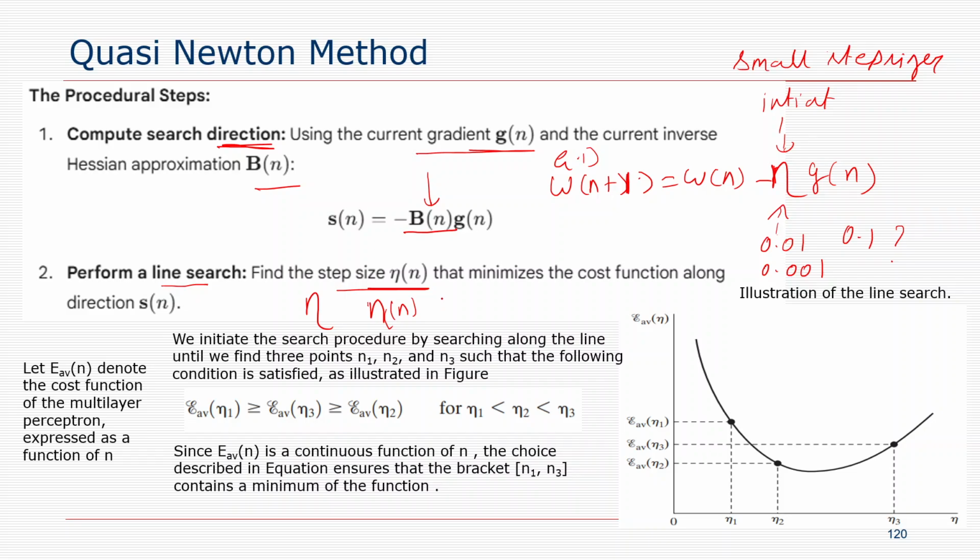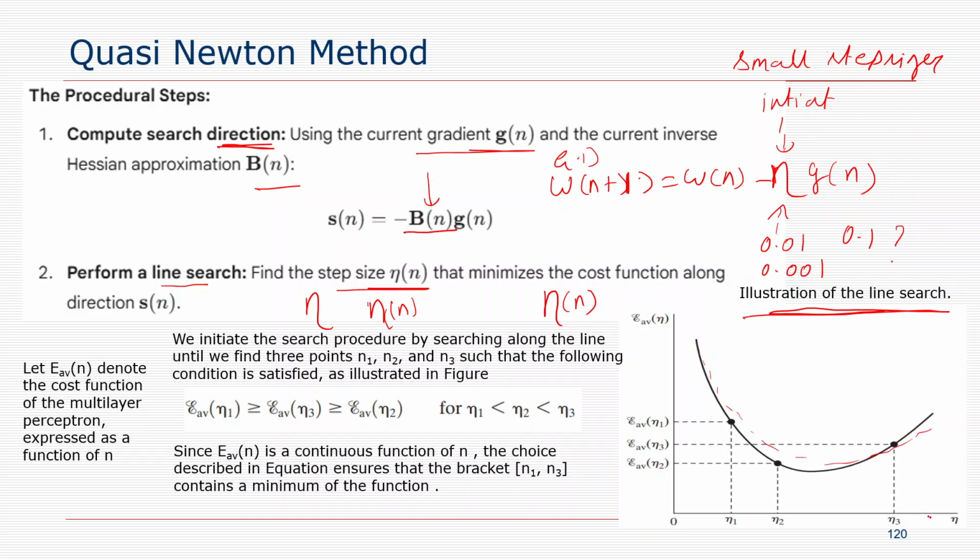But in quasi-Newton, we find the appropriate step size, the learning rate, which will minimize the cost function along the direction S of n. Now we'll look at what line search means. Look at this diagram: using the line search approach, we find the optimal step size eta of n. Say this is the function we have to minimize.